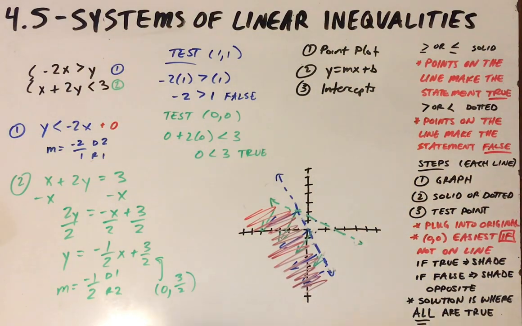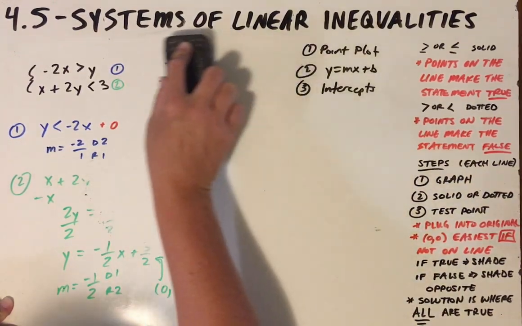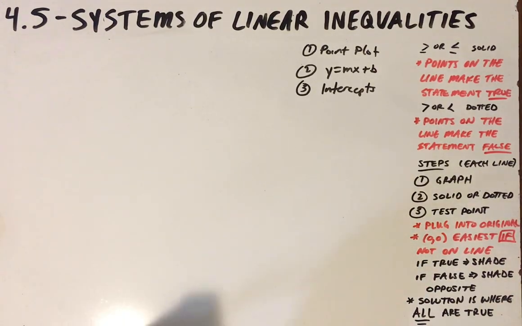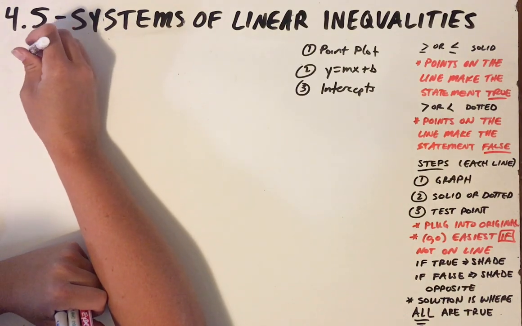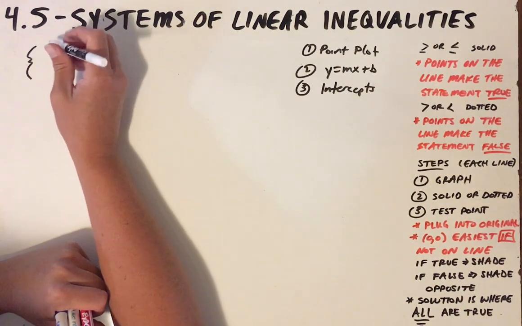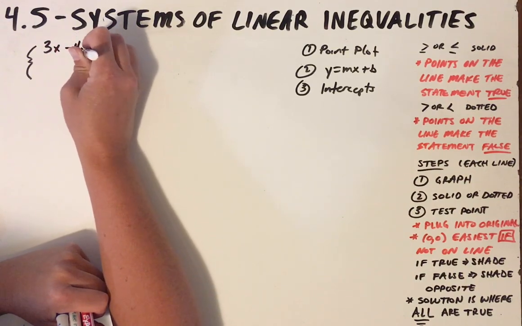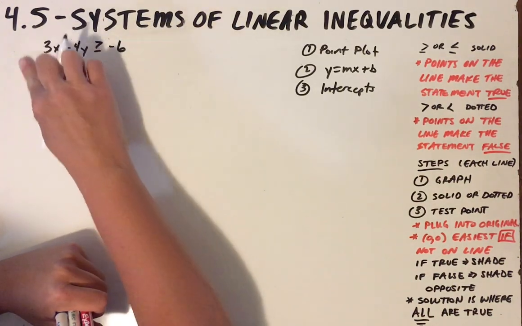Okay, so that is our example 1. So for example 2, instead of graphing 2 inequalities, we're going to graph 3. I'm going to write this up here and give you a chance to write on it. So with this system, this is how they're written. We've got 3x minus 4y is greater than or equal to negative 6.